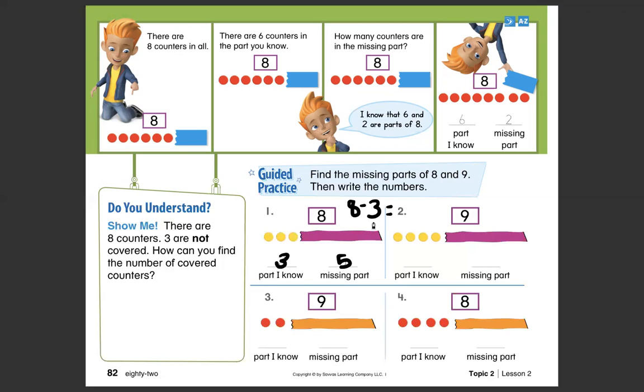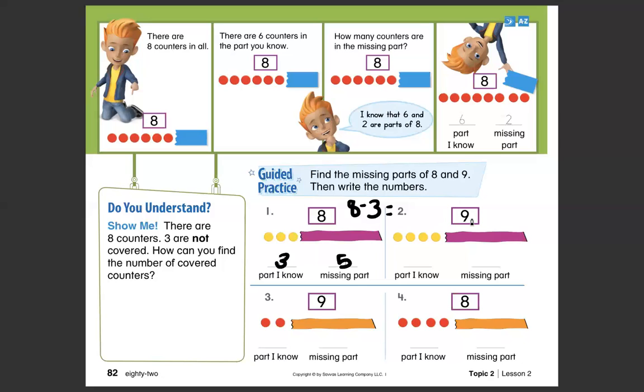All right. When you're ready, move on to number 2. If you need time still to think through this problem, you can rewind the instructions, or you can hit pause until you're ready to move on. All right, put your pointer on number 2. Number 2, how many do we have in all? What is the number in our box?